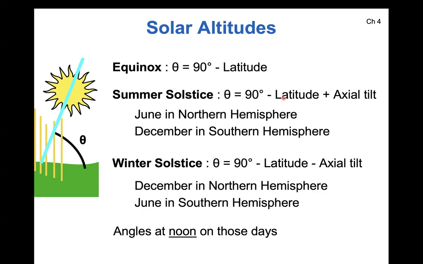But here's my warning to you: yes, you can absolutely use the formula for both hemispheres, but you have to consider that in the southern hemisphere, this rule for summer would apply to days in December. That's your first consideration. But the more important one is to remember that you want to use the absolute value of the latitude. So you have to drop the negative. You can't use the negative latitude.